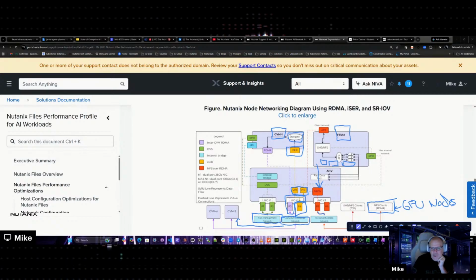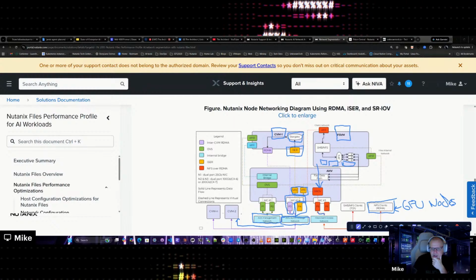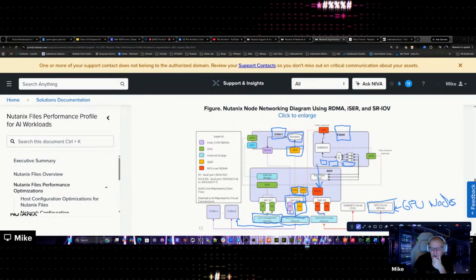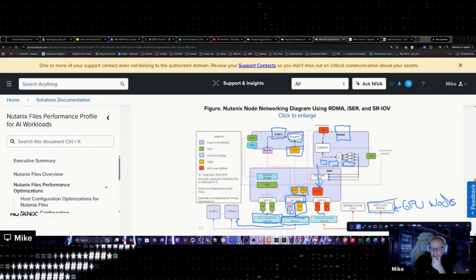Essentially what we're doing here is segmenting the network connectivity to do different functions. Again, the management network, and the RDMA backend storage network, so this is your private segmented VLAN, physically and logically segmented RDMA storage network.